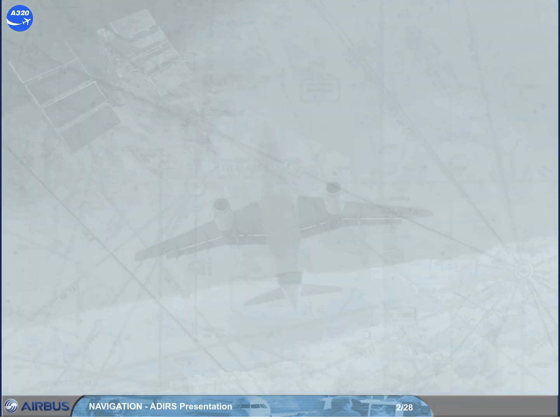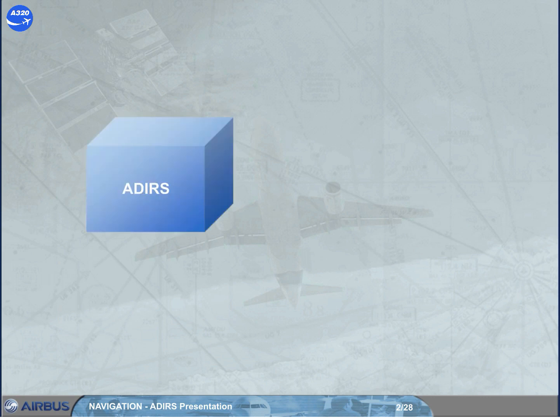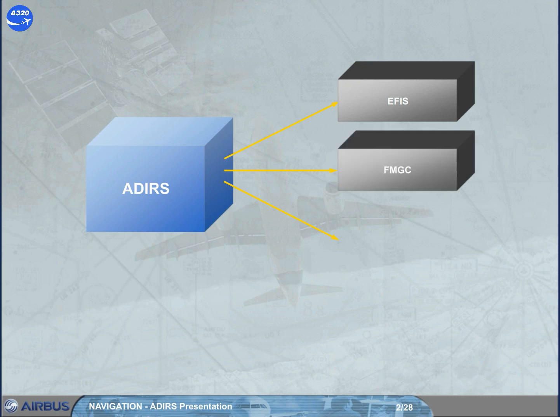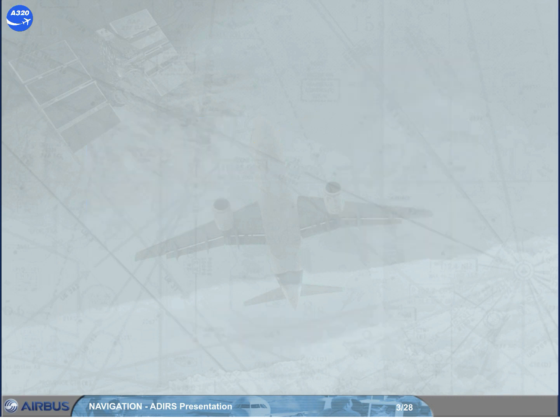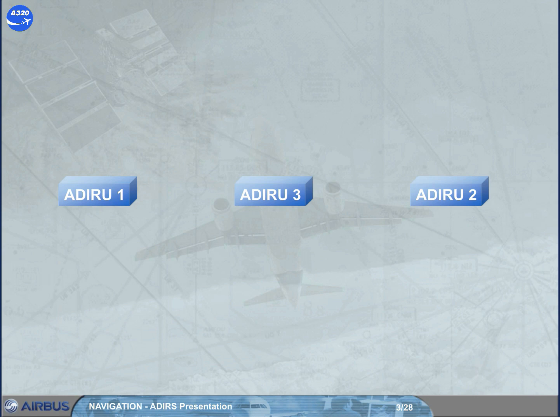The purpose of the Air Data Inertial Reference System, ADIRS, is to provide air data and inertial information to the EFIS system, the FMGC, and other users. The A320 has 3 separate, but identical, air data inertial reference units.